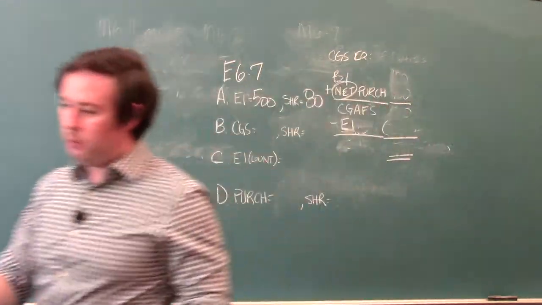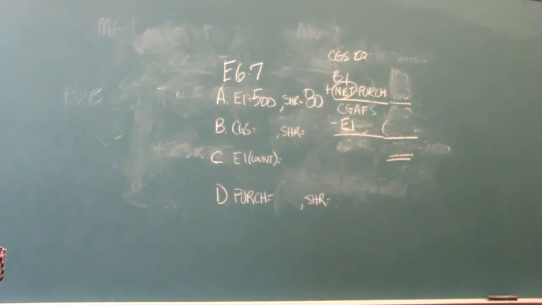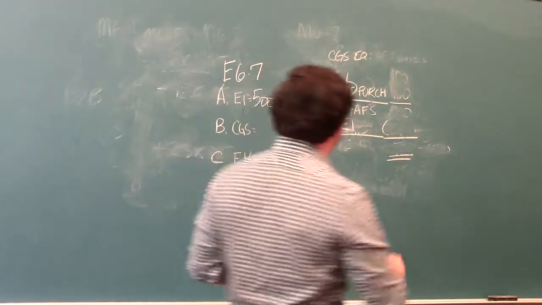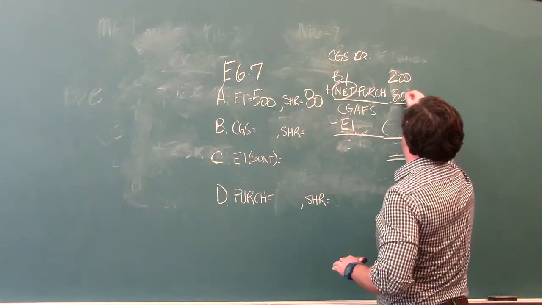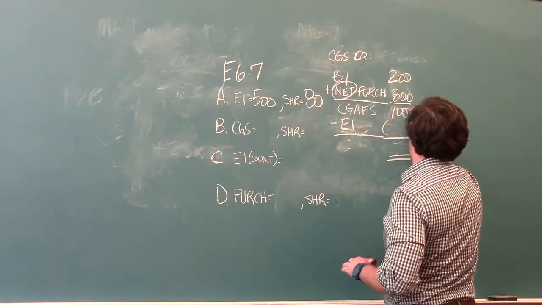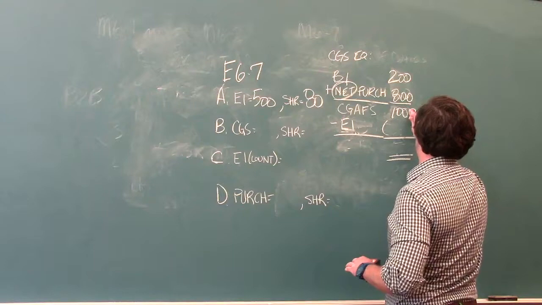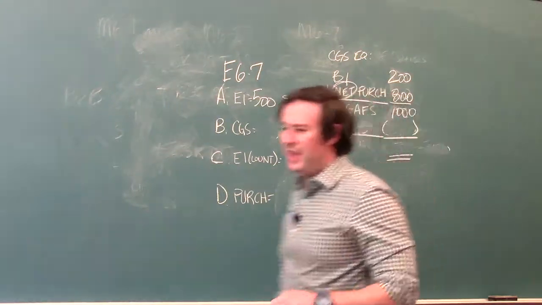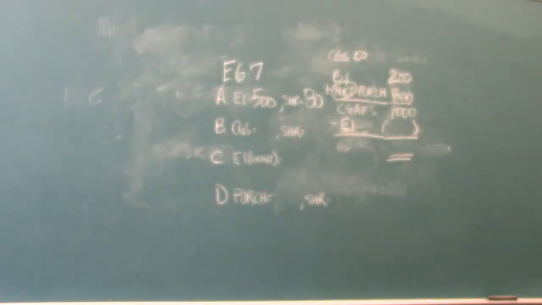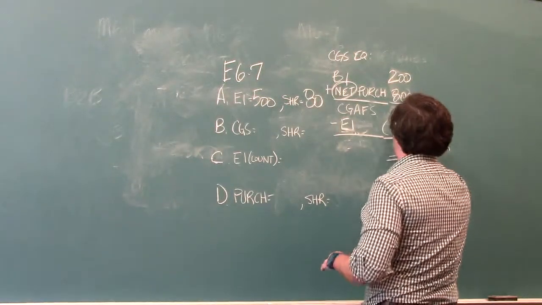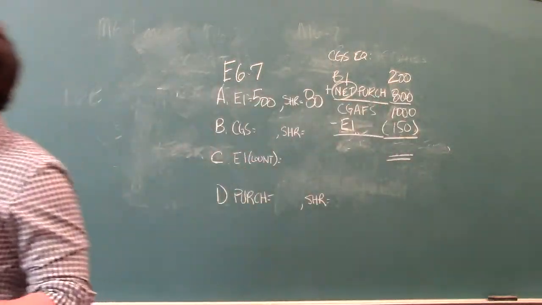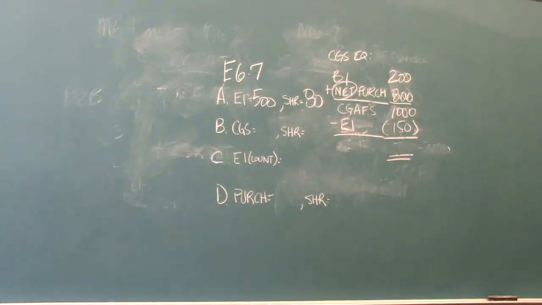Beginning inventory again was 200, purchases were 800. So 200, 800 gives us 1,000 available for sale. Okay? Then our ending inventory is given to us at 150, which leaves us with our cost of goods sold here of 850.